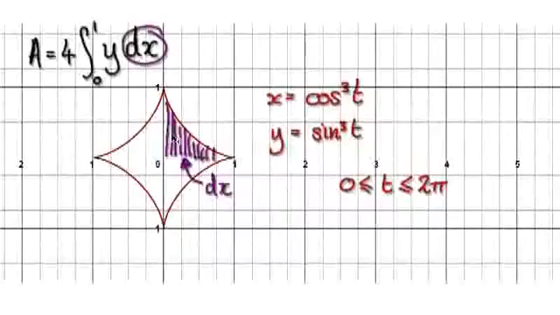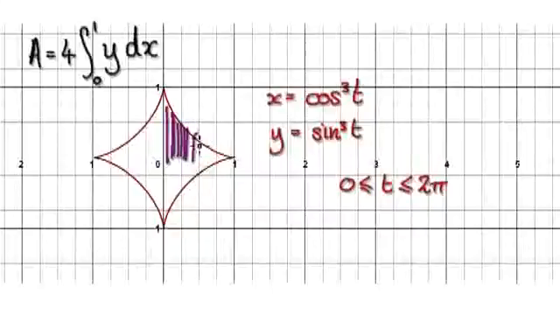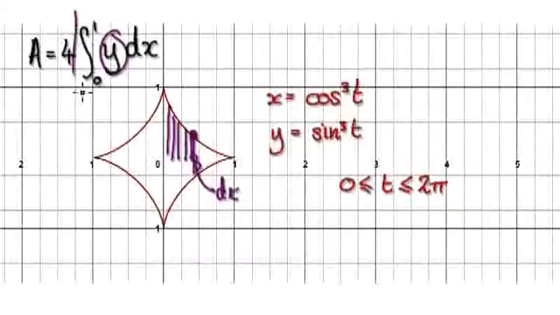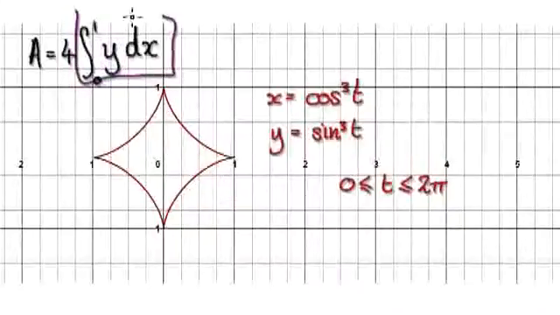Each step of the way, we need to find the height, and the y is the height. So it's us summing up all the strips, where we need the height, and then times it with the thickness, dx. So this here is the quarter of the area.